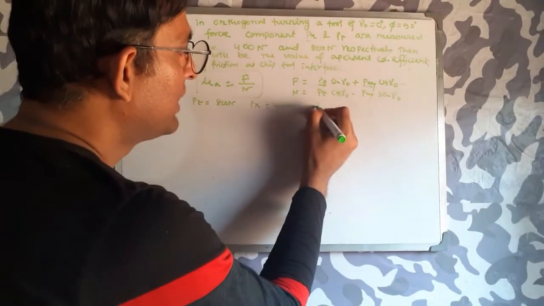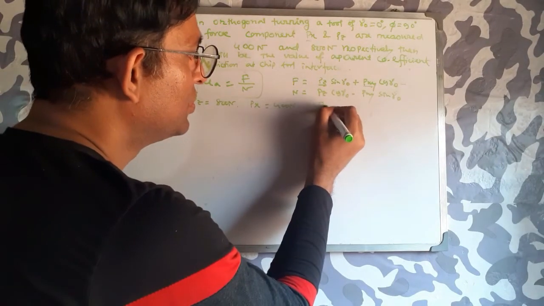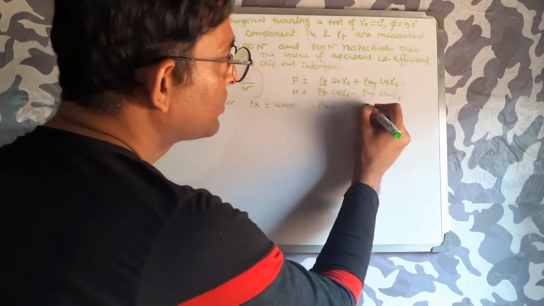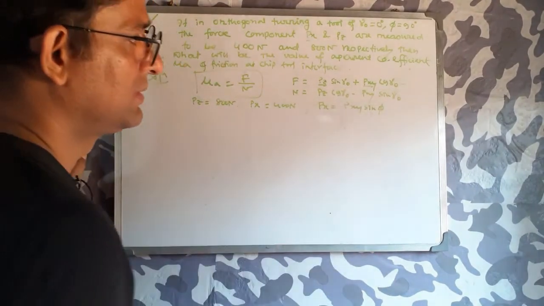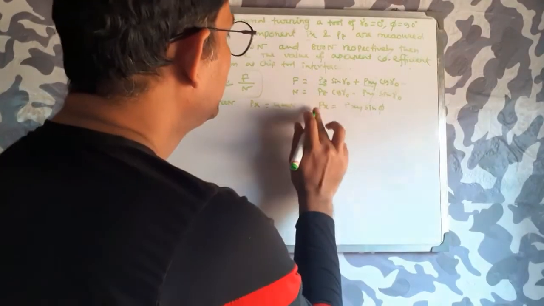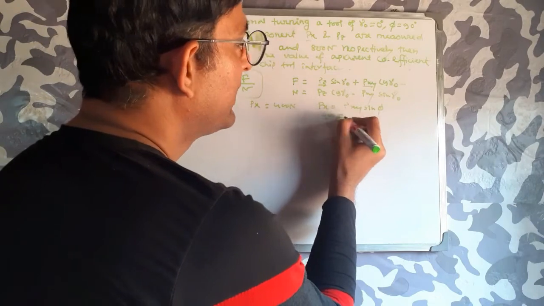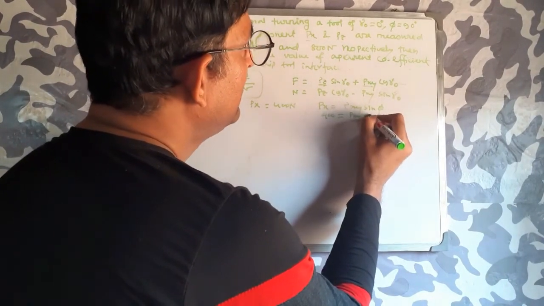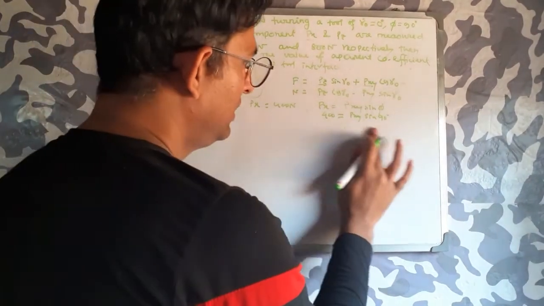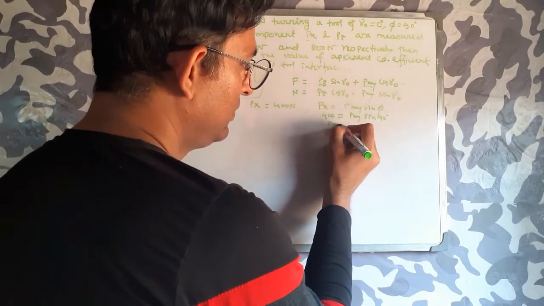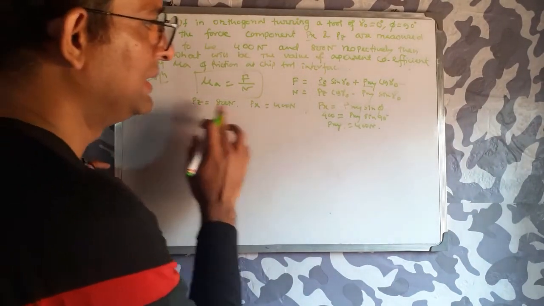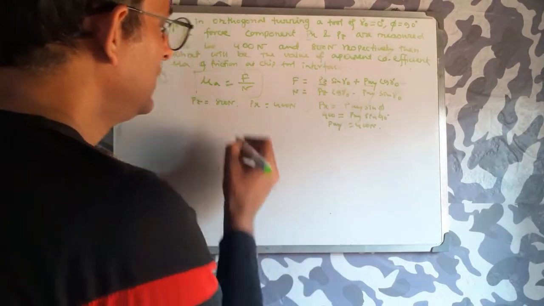We know Px is equal to Pxy sin phi. So 400 is equal to Pxy sin 90 degree. Sin 90 is obviously 1, so Pxy is equal to 400 Newton. So you got the values of Pz and Pxy, and gamma 0 is given.